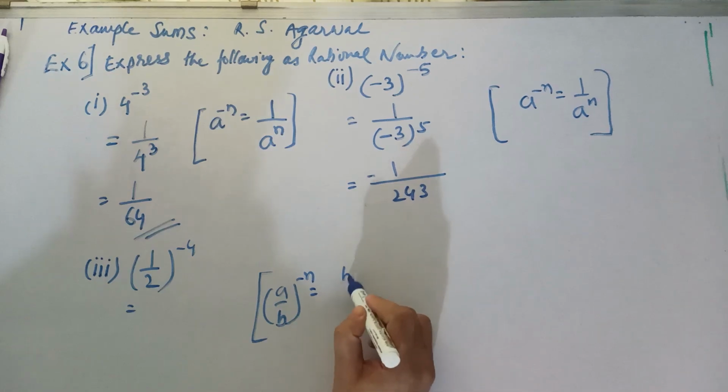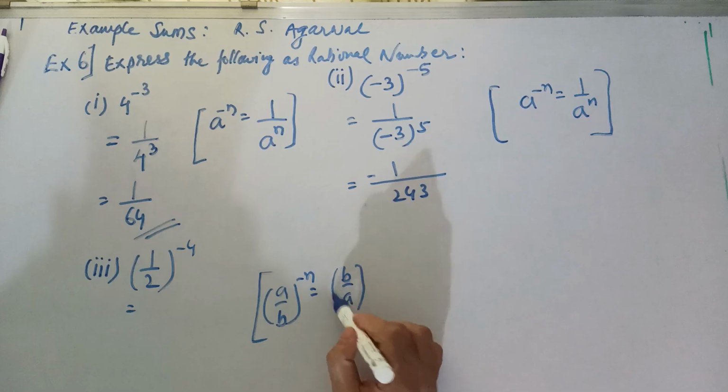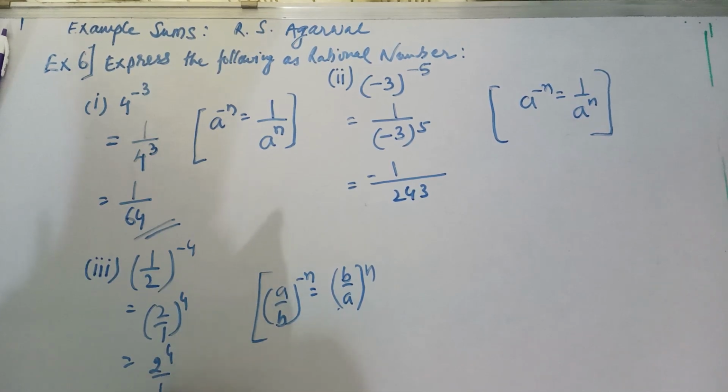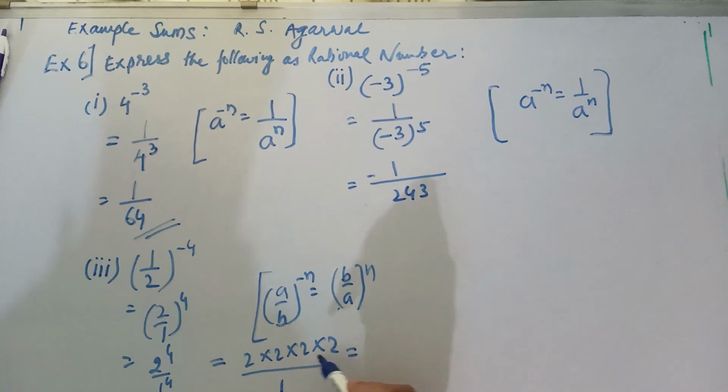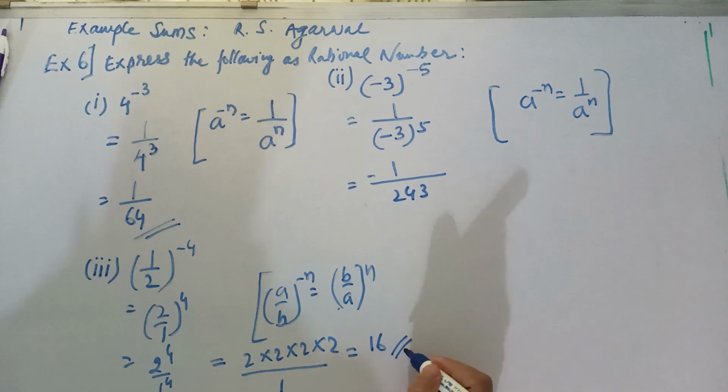This can be written as (b/a) raised to n. So I can write (2/1) raised to 4, which is equal to 2 raised to 4, because 1 raised to 4 gives me 1 only. So 2 raised to 4 is how much? 2 into 2 into 2 into 2, and 1 will give me 1 only. So 4 into 4, 4 fours are 16. This is my answer.